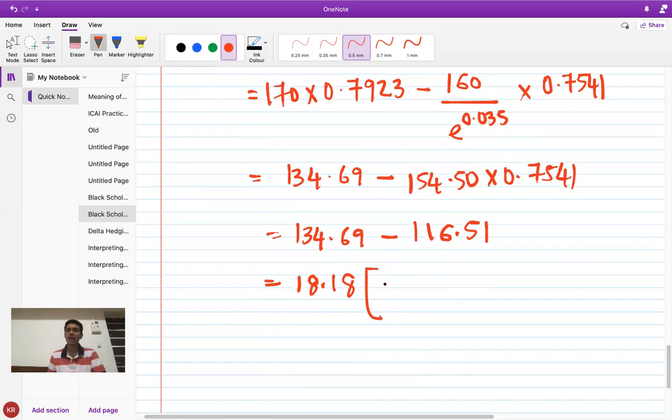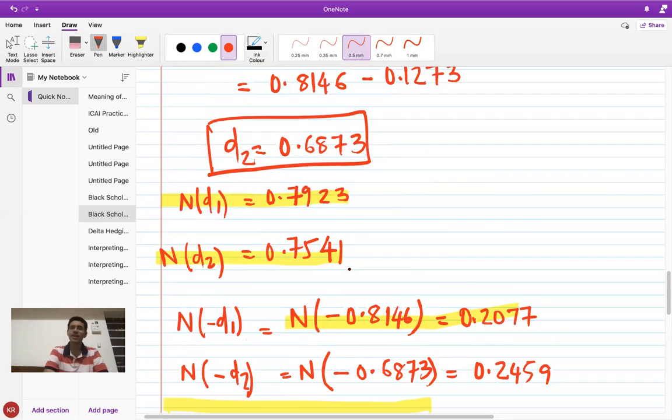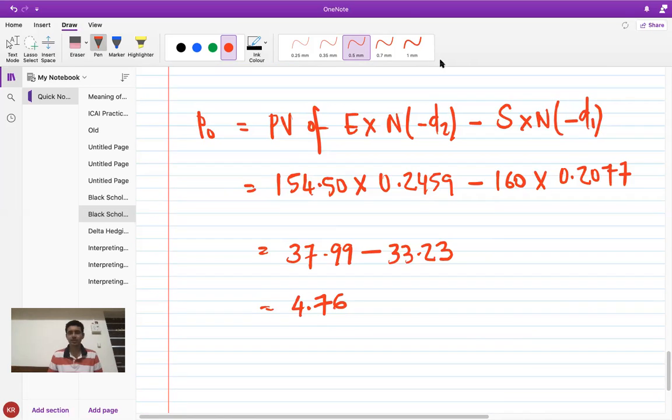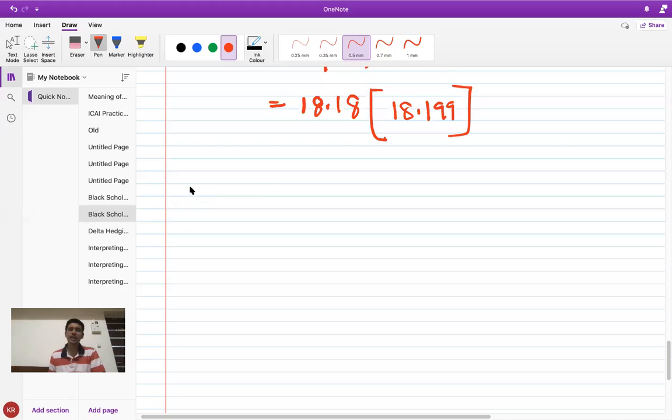If you remember, the Black-Scholes calculator gave us an answer of 18.199 something. It is approximate; we have basically rounded it off, and that is the only reason for the difference. Otherwise, we've got the same answer as the Black-Scholes calculator. Agreed?